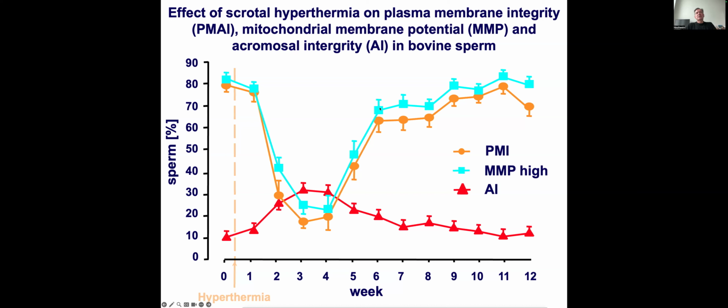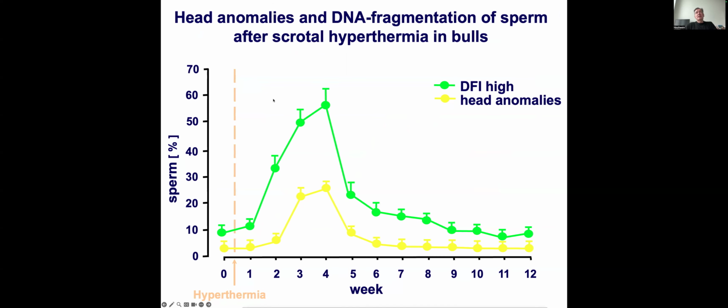It took about 6 weeks after the heat stress until the sperm got values like before the study. Even more interesting was the effect on the DNA of the sperm.